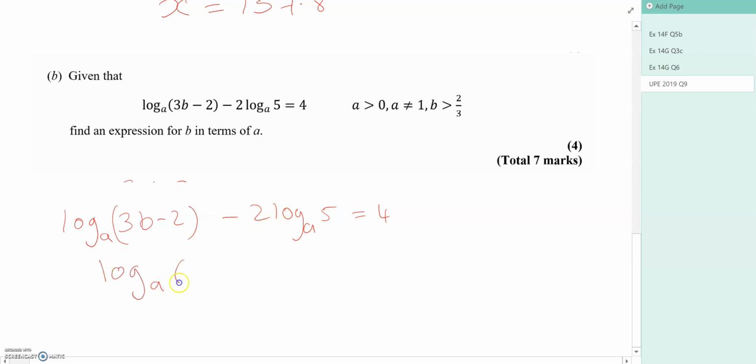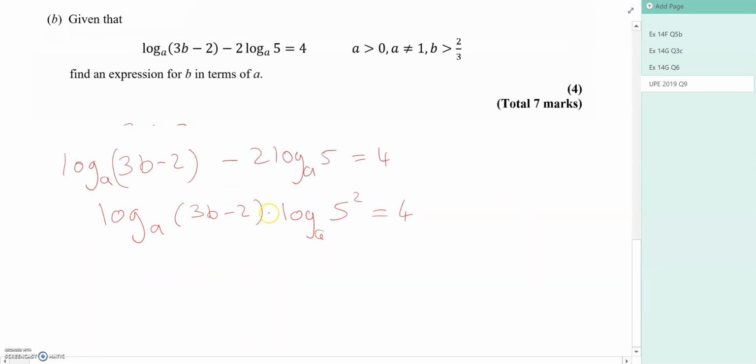So we can't do division until we move that 2. We know where that 2 goes, that can go to the power. Alright, now, that's a subtraction. Now we can divide them. So we've got 3b minus 2 divided by 5 squared, which is 25. So log a of that equals 4.